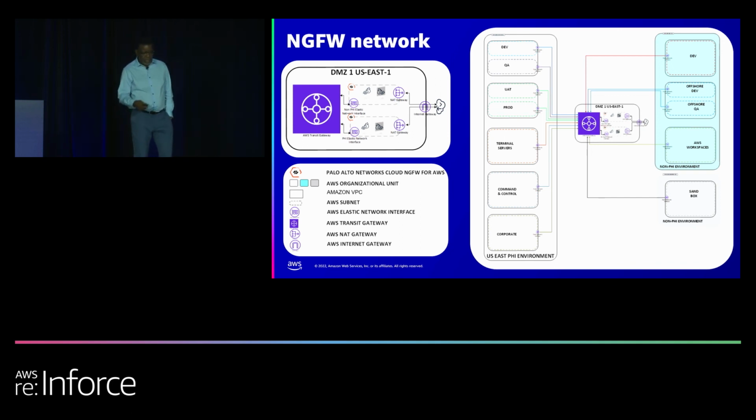I kind of blew it up in that top left-hand corner so you could actually see where we can go in, we can use the Palo Alto third-party pane of glass, or we can go in and use the Firewall Manager inside of AWS. This also integrates into other AWS services.